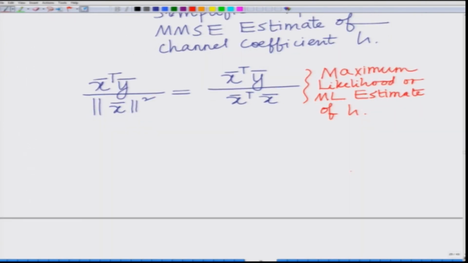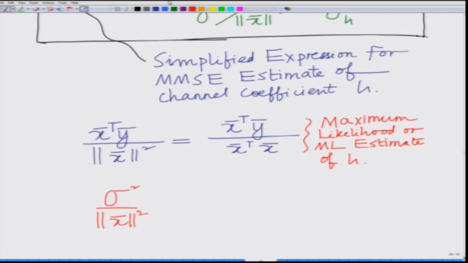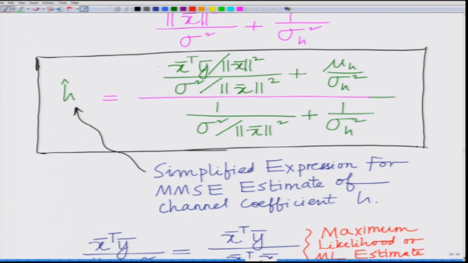And what is this other quantity? Remember, there is the other quantity sigma square divided by norm x bar square.